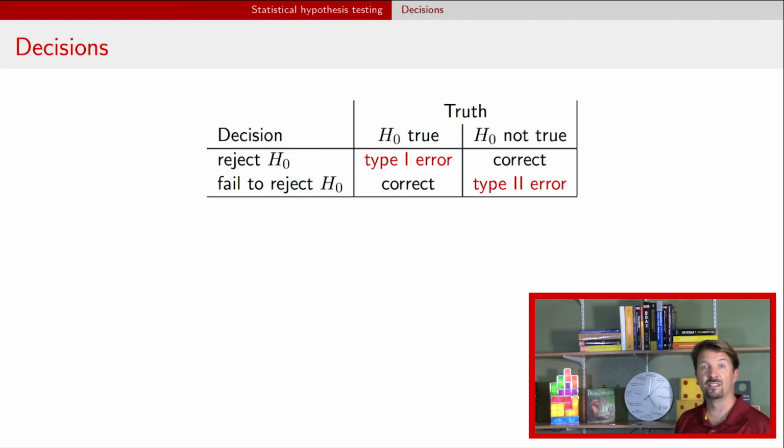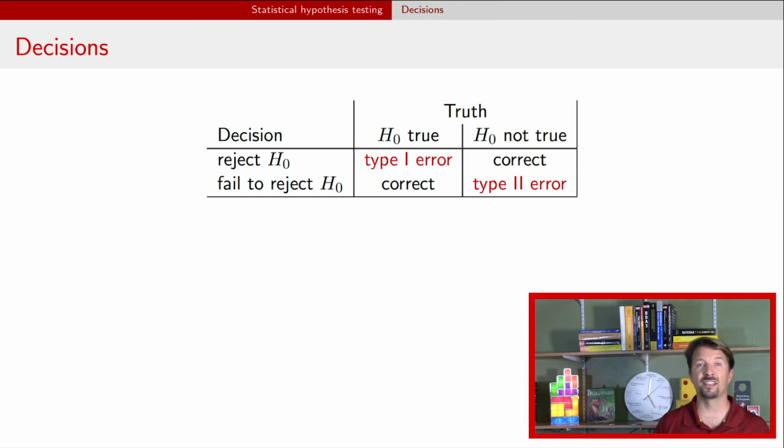And now, depending on which combination we have selected, either we're going to make an error or we're going to be correct. So, for instance, if the null is not true and we reject it, then we're correct. If the null is true and we fail to reject it, then we are again correct. The other 2 situations are both errors. If the null is true and we reject it, we call that a type 1 error. If the null is not true, but we fail to reject it, that's called a type 2 error.